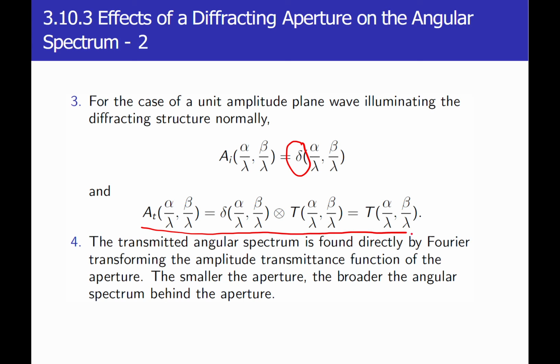The transmitted angular spectrum is found directly by Fourier transforming the amplitude transmittance function of the aperture. Okay, this is the direct relationship for the case of a unit amplitude plane wave.